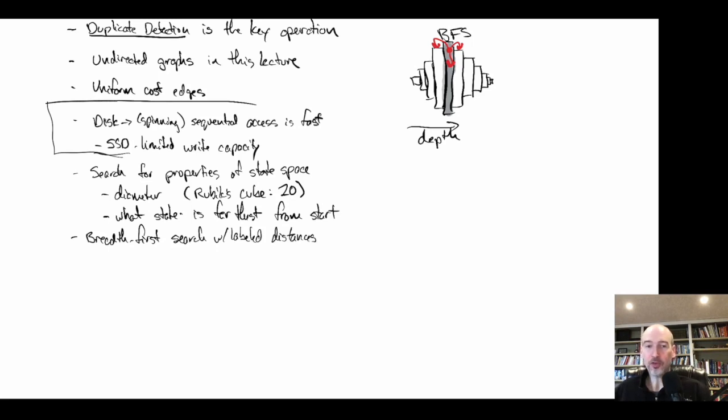Now, there's some really interesting work that can be done where you use a search that is designed for finding the properties of a state space and still can reconstruct a path out of it. And these sort of searches work by basically trying to find an intermediate state on the optimal path. And when you get a state that does that, you basically recursively reconstruct the optimal path in a state space.